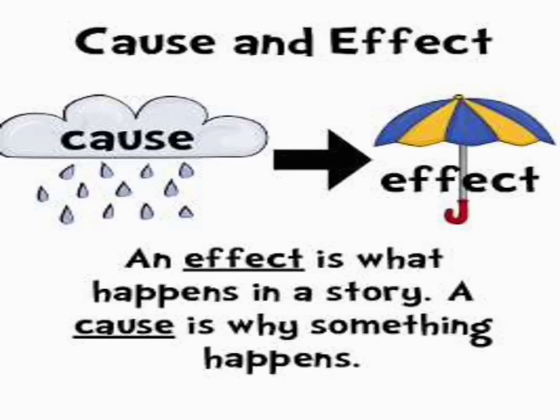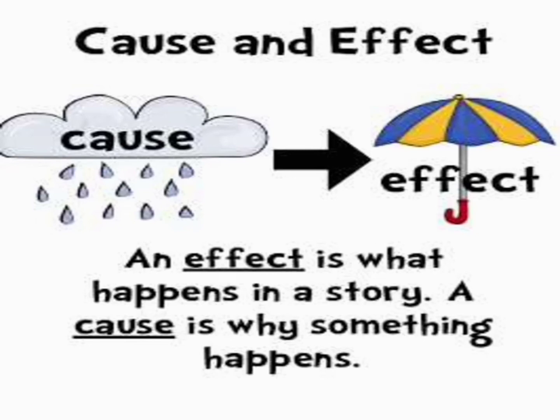In the first picture it is raining. In the next picture they have shown an umbrella. When will you use an umbrella? While it is raining, right. If it is a normal climate, will you use an umbrella? No. If it is very hot or very rainy, you will use an umbrella to protect yourself.